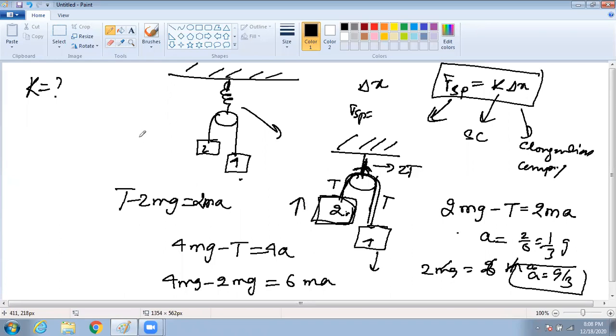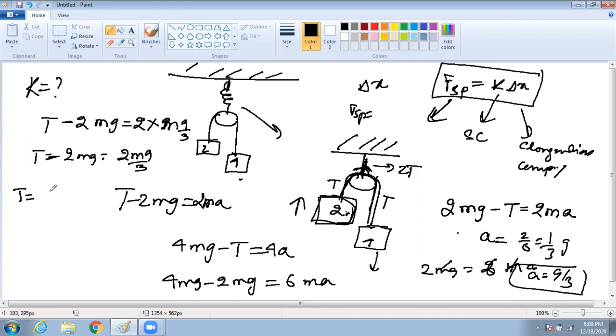So now what will be the tension? Let us find the value of tension. T minus 2mg equal to 2ma, which is 2 into g by 3. So T minus 2mg will be 2mg by 3. So T will be 2mg by 3 plus 2mg.